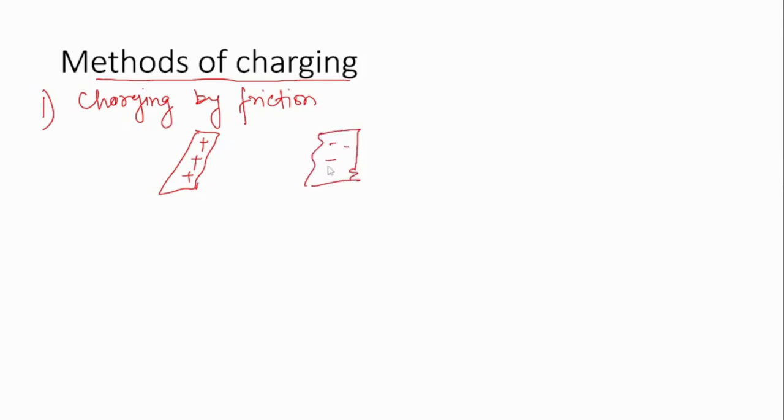If we rub these, then electrons get transferred from this body to this, so the new configuration will be something like this. Means charges got transferred from this body to the other. This is charging by friction, and we call it frictional electricity.